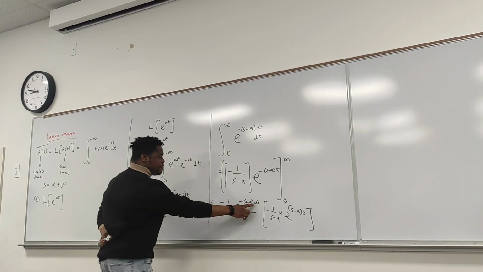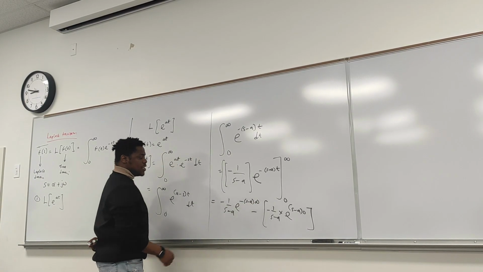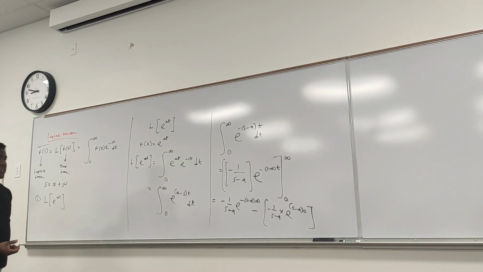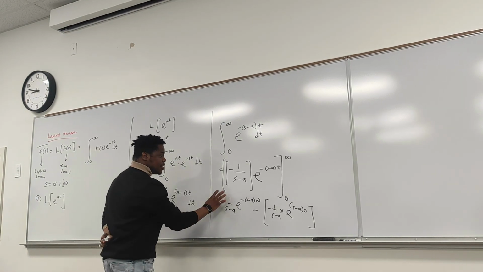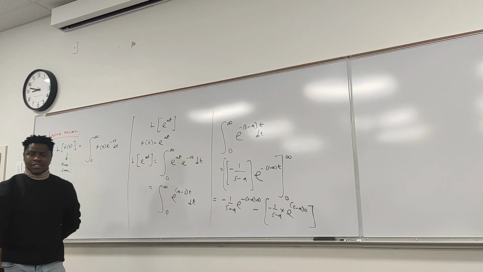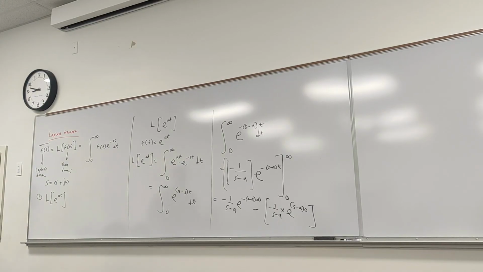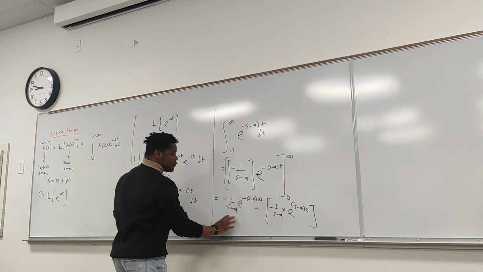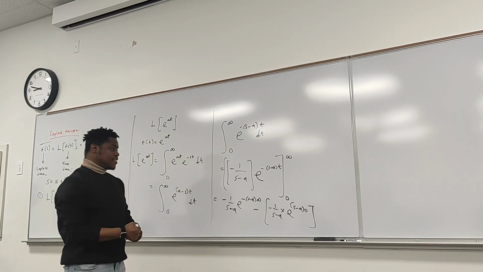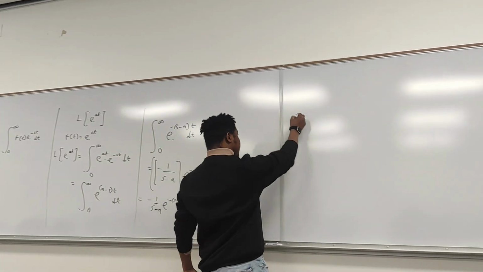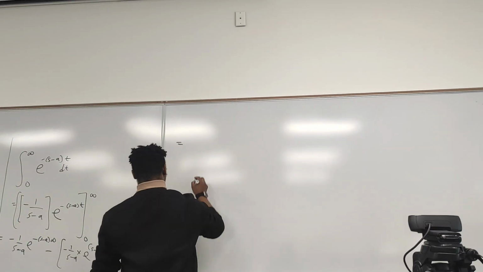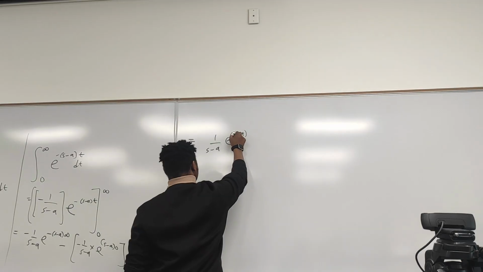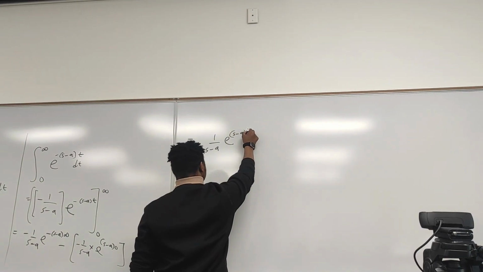Here exponential of minus infinity would be relatively small, because it approaches 0. So everything here would be 0 as long as s is not equal to a. If everything here is 0, this negative and negative make it positive: 1 over s minus a times exponential s minus a multiplied by 0.